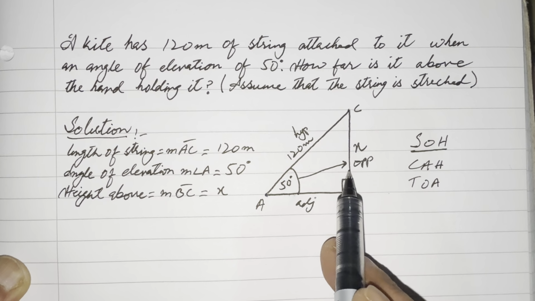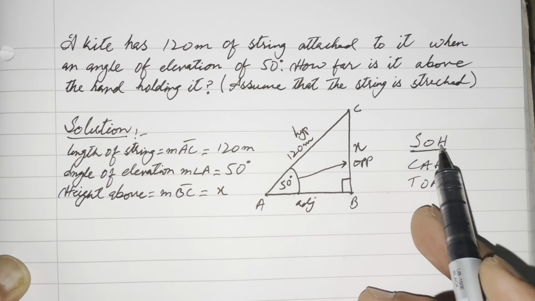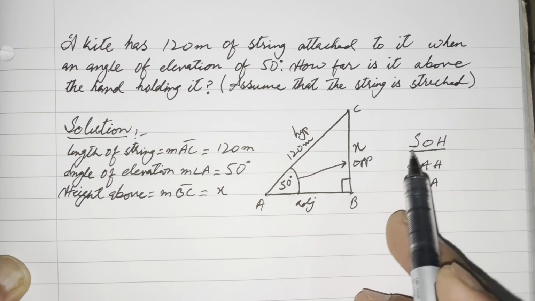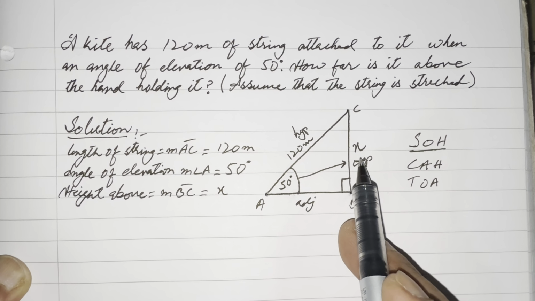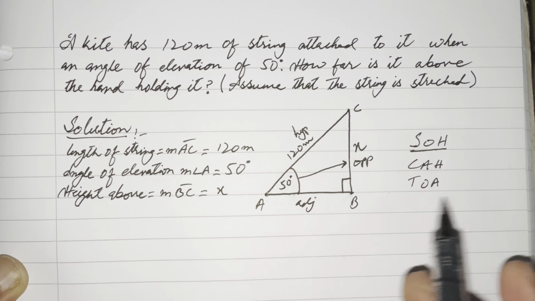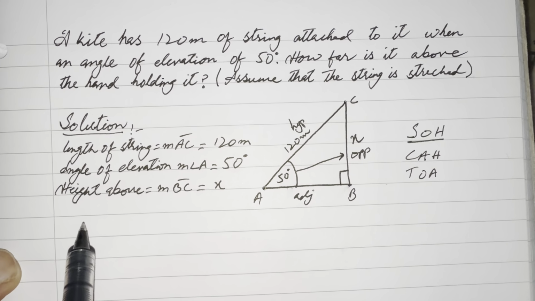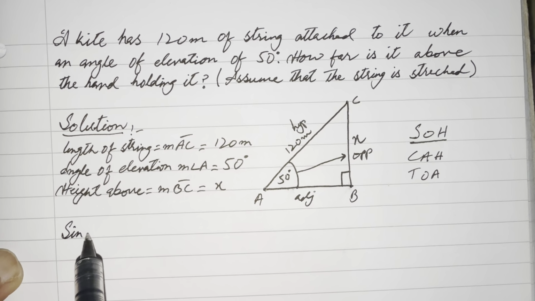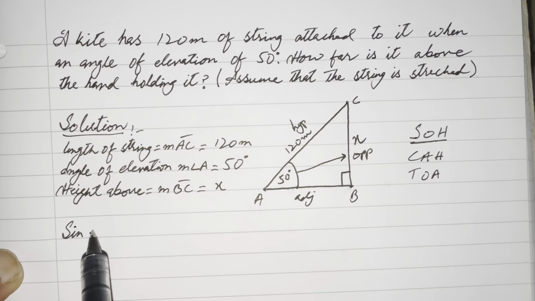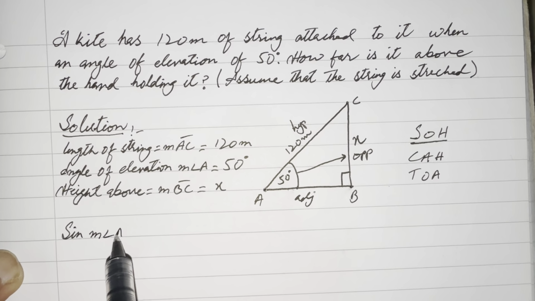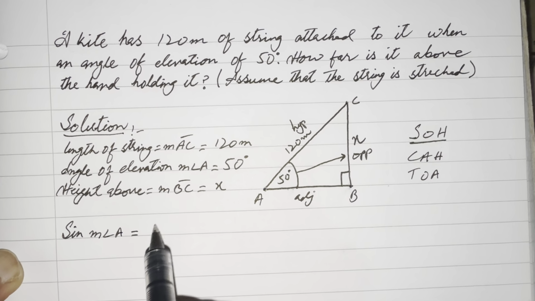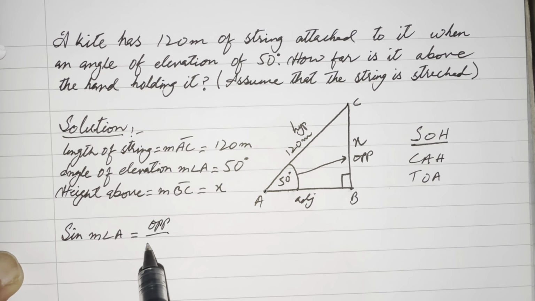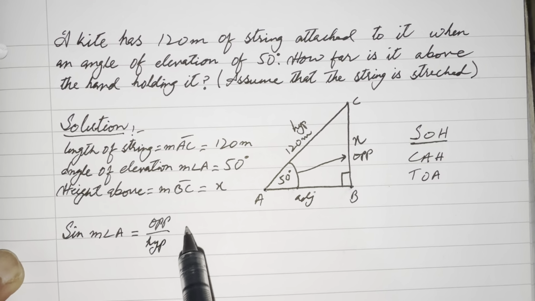So first, we have to take the sine with the ratio of opposite and hypotenuse. So we will take sine 50: sine of angle A is equal to opposite over hypotenuse.